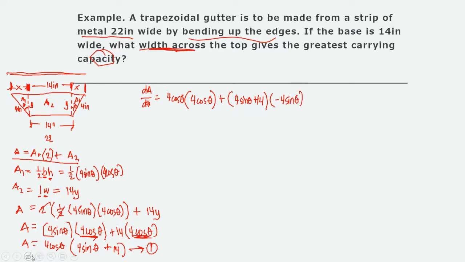So again, this is our u, and this one inside the parenthesis is our v. So that's why this is the derivative of our area.